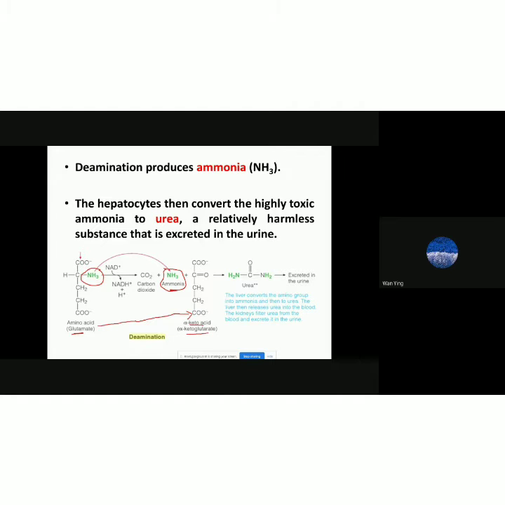The amino acid glutamate, they remove NH2 or NH3. Sorry, not donate, remove.